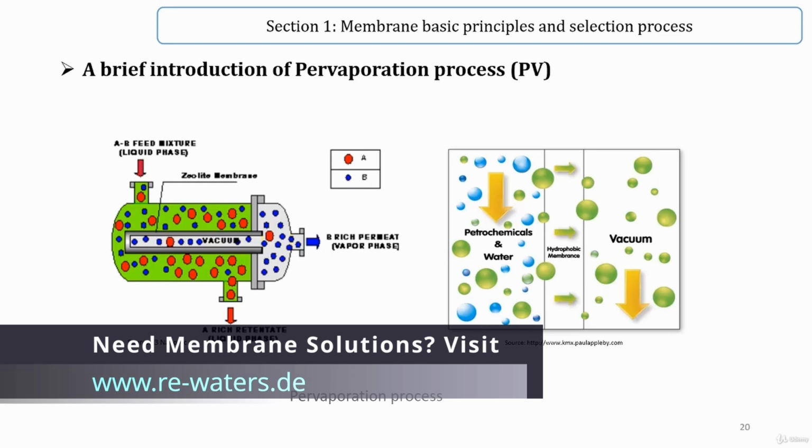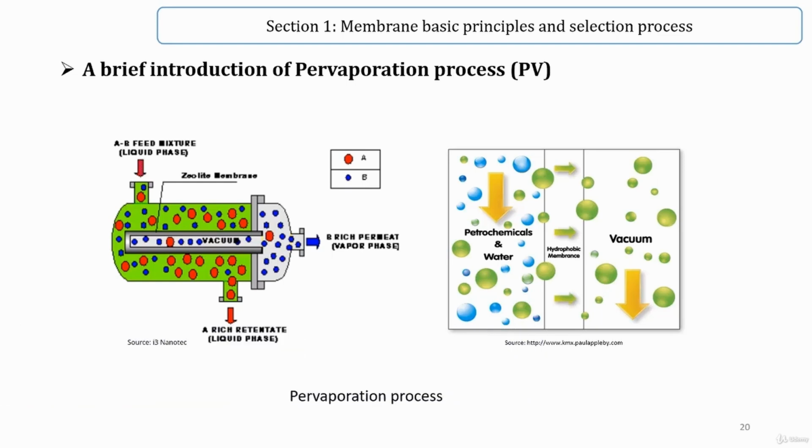This technique is also applied in the chemical industry to break azeotropic mixtures. The transport mechanism of pervaporation is similar to reverse osmosis and nanofiltration membranes and is based upon the solution diffusion model.